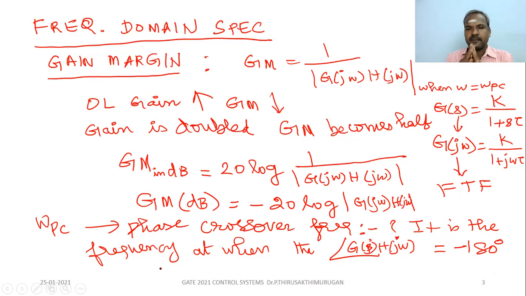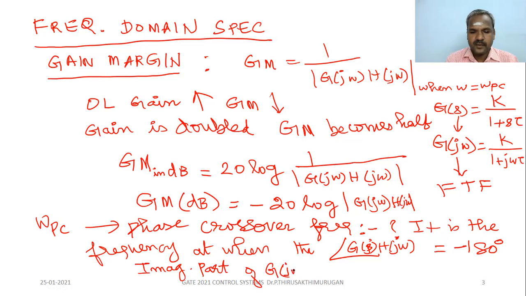Another condition: if you separate the real and imaginary parts in the complex domain, the imaginary part of G(jω)H(jω) equals 0 when ω equals ω_pc.